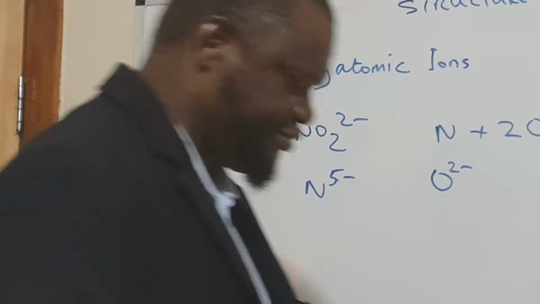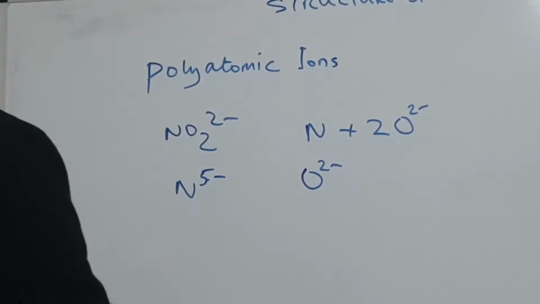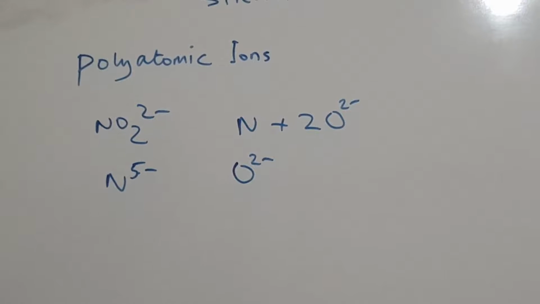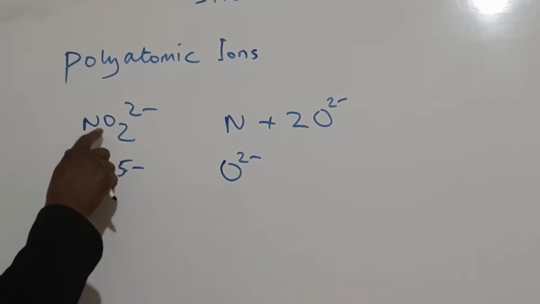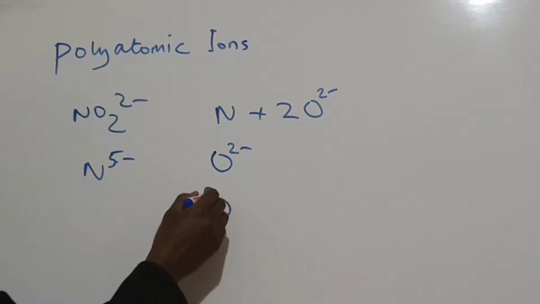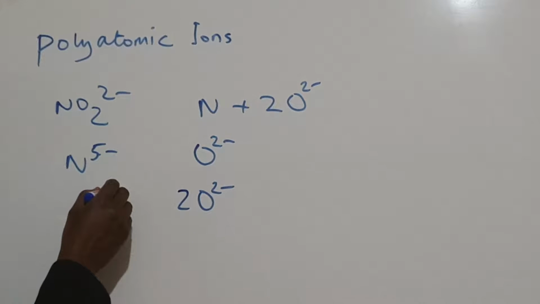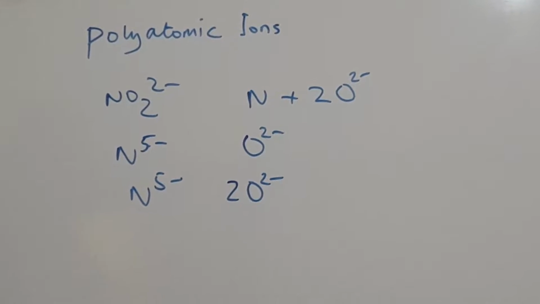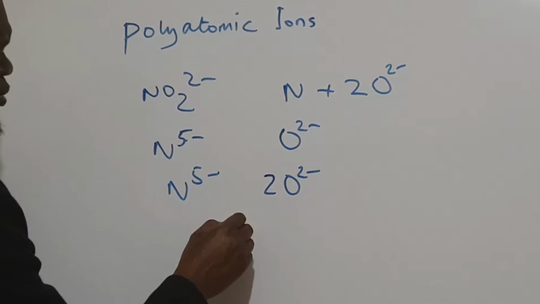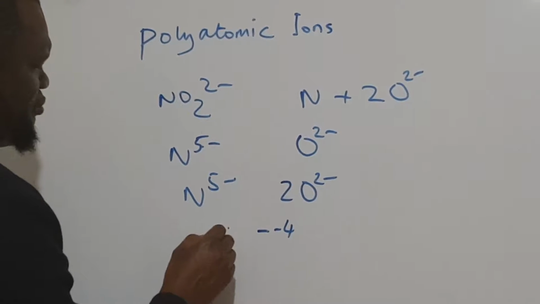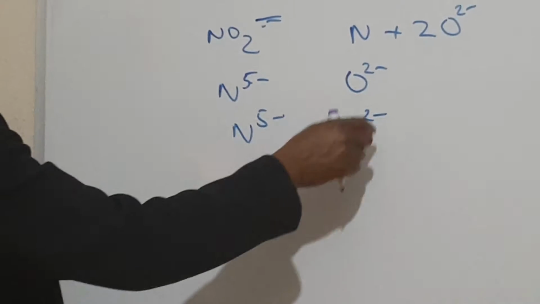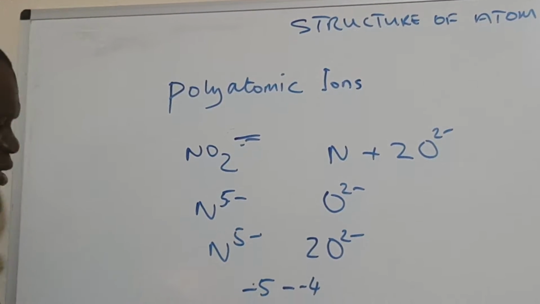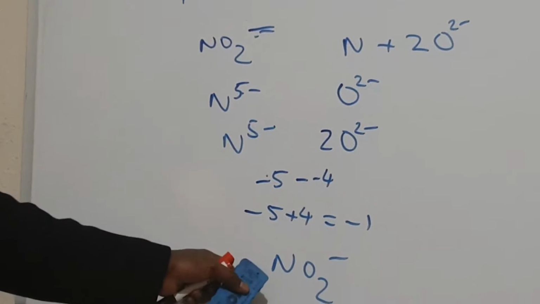Nitrogen has 5 in its atomic shell. So this means nitrogen is plus 5 and the two oxygens are minus 4, because 2 of them give minus 4, plus 5 equals minus 1. That's why NO2 is 1 minus.